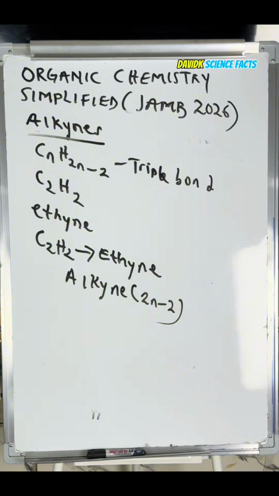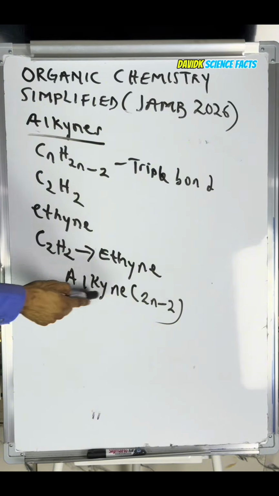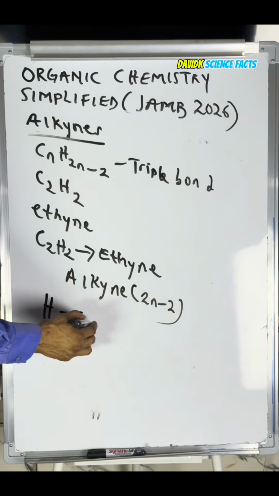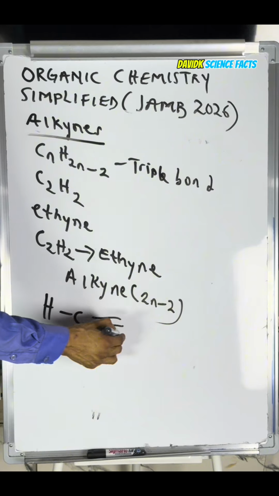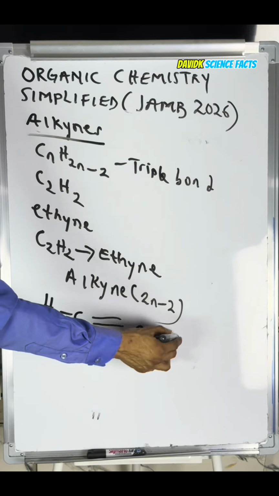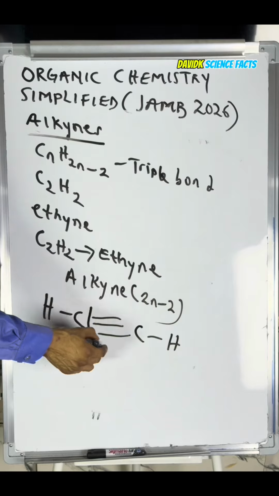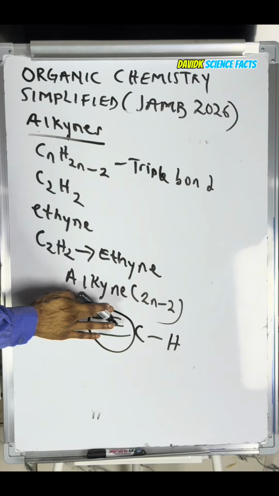C2H2 is ethyne, an alkyne, 2n-2. The structure is this. Notice the triple bond.